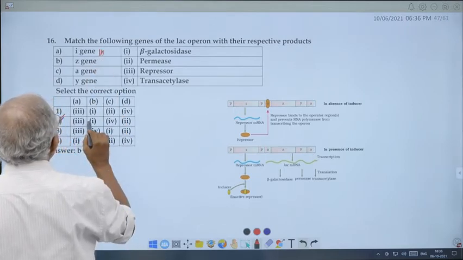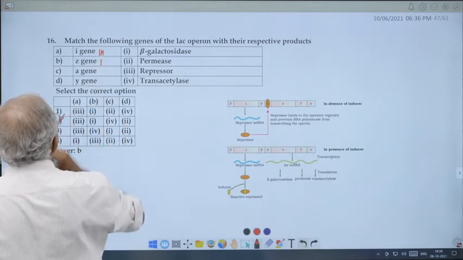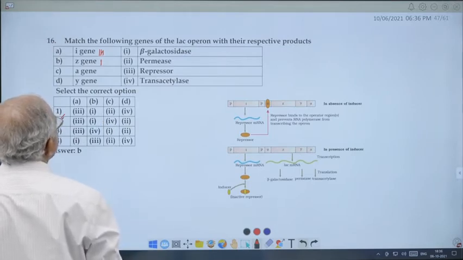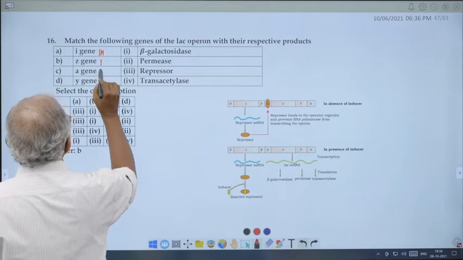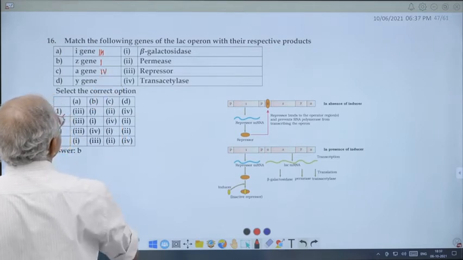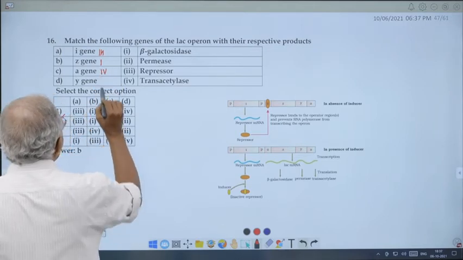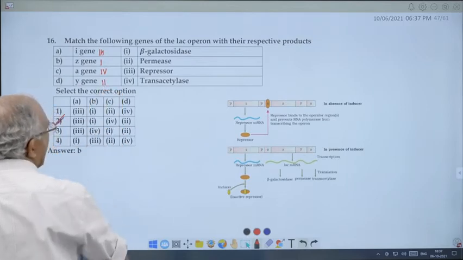Z gene produces beta-galactosidase. A gene produces trans-acetylase. Y gene produces the permease.